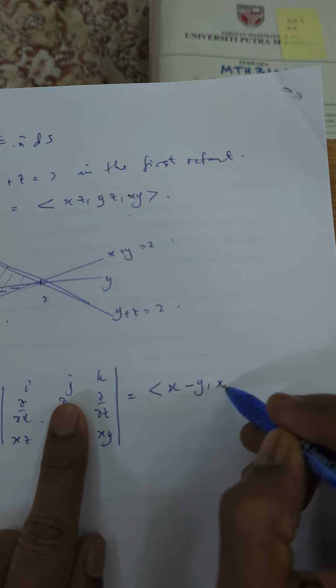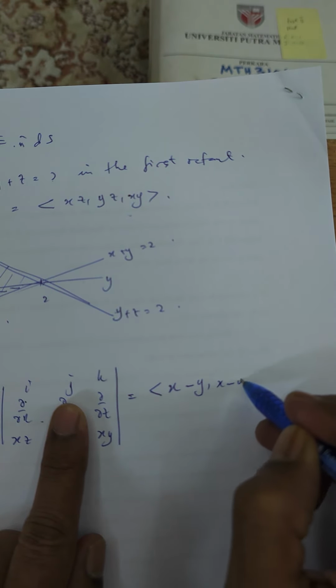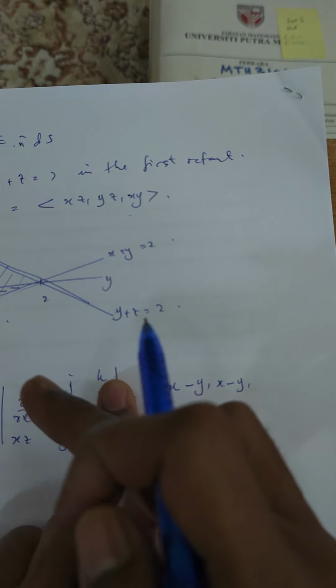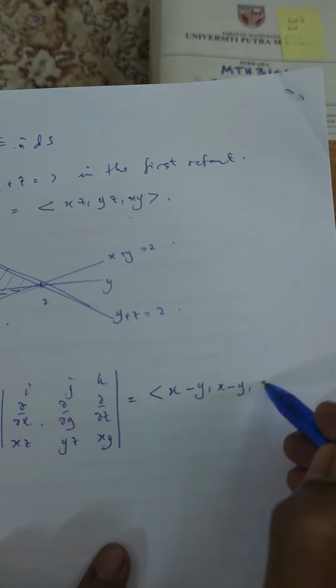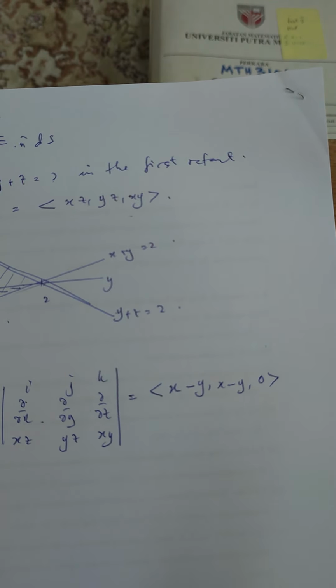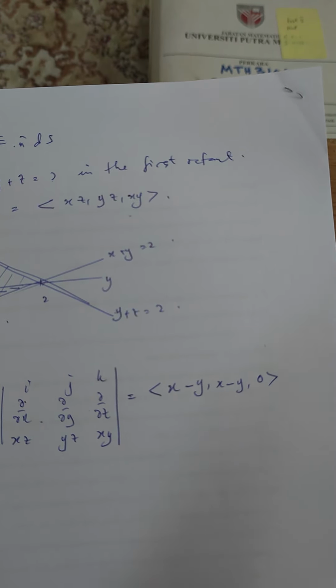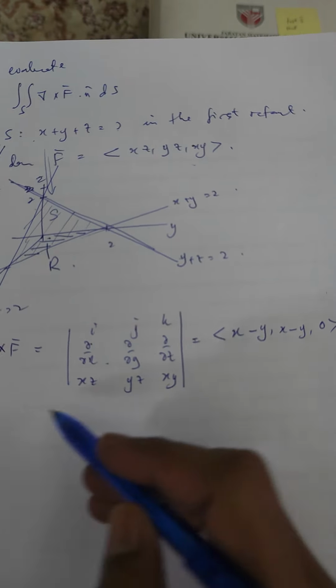So we have again x minus y. And for k we have x, that one 0, that one also 0, so we got 0. So that's our curl of f.